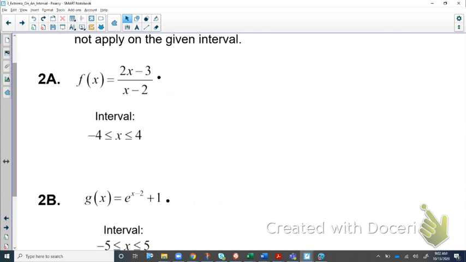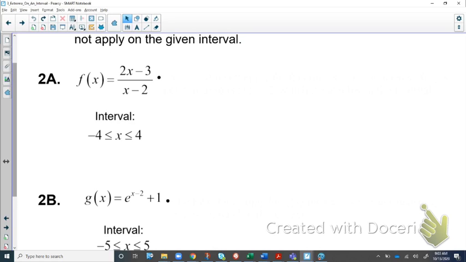So for instance, on example 2a, (2x minus 3) over (x minus 2), that rational function, I know that rational functions definitely have vertical asymptotes, generally speaking, and this one is a very simple standard rational function that will absolutely have a vertical asymptote at x equals 2. So I am definitely not continuous at x equals 2.